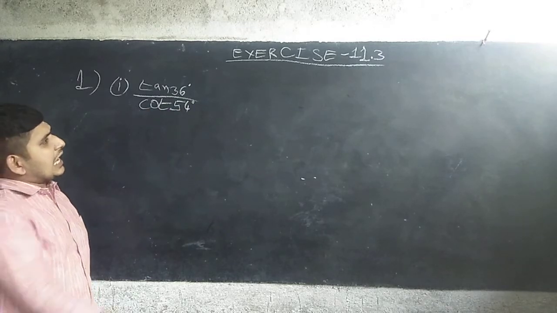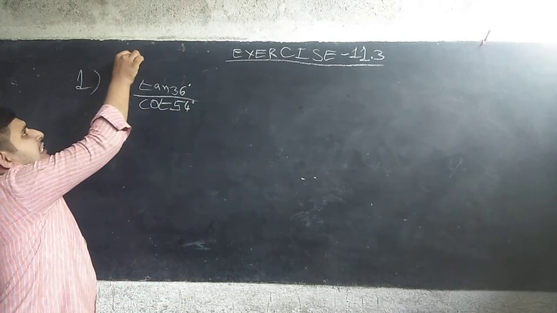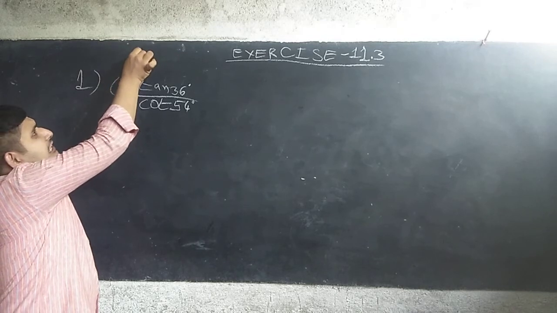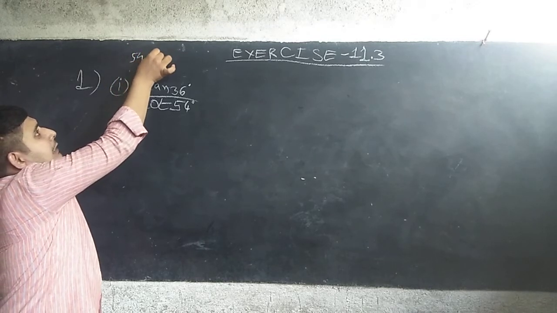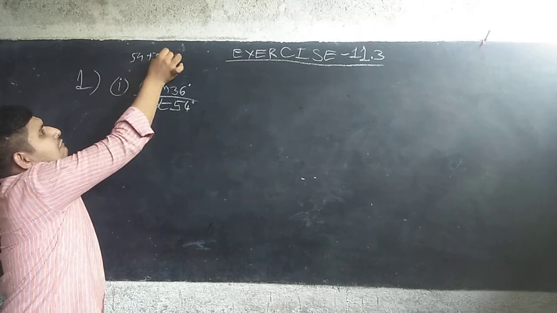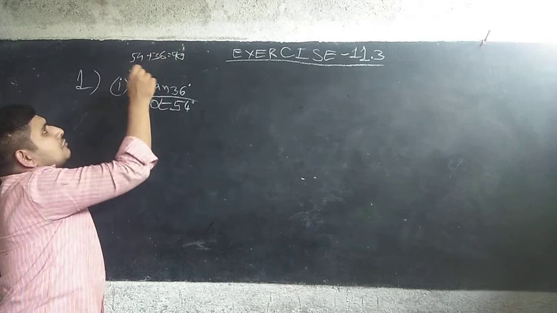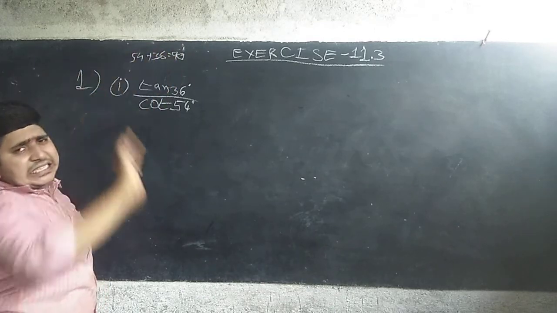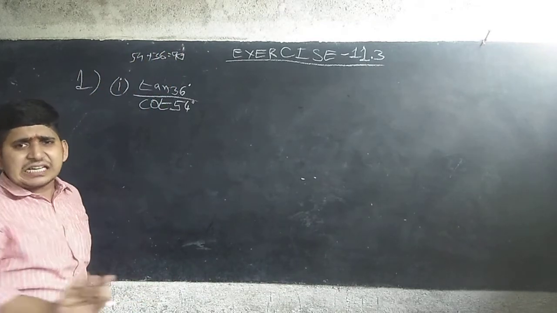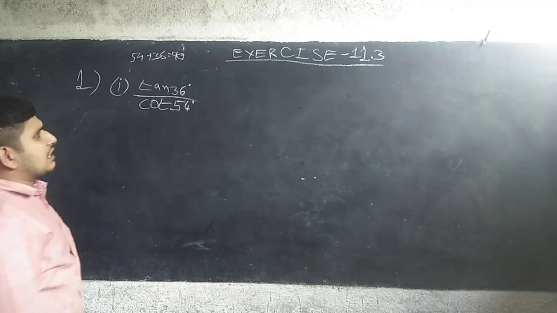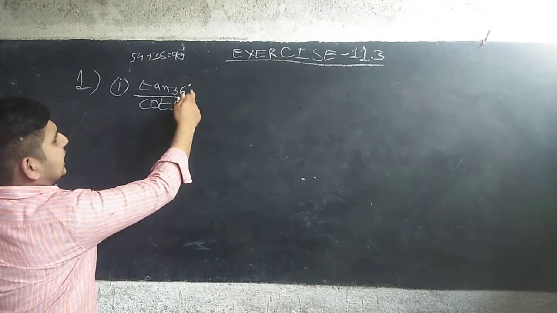Now see here, 54 plus 36 equals 90 degrees. So we have to change any one angle. Let us change tan 36 degrees.